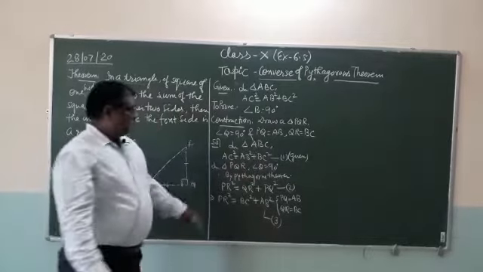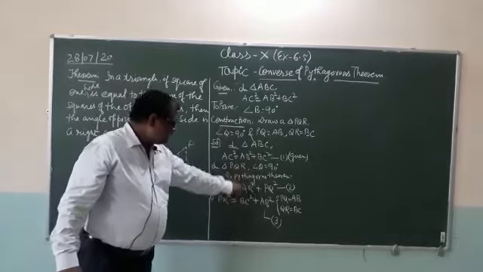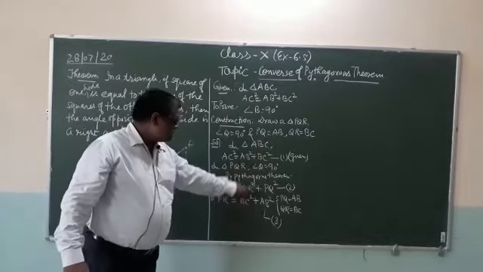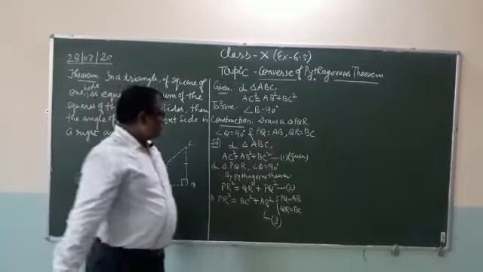Now here we look, from equation 1 and 3, AB square plus BC square here is also AB square plus BC square, so this is also equal to this.